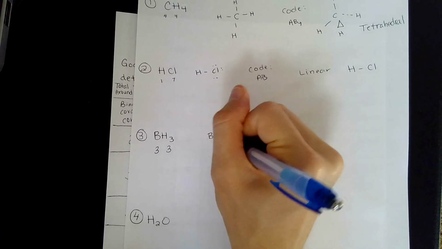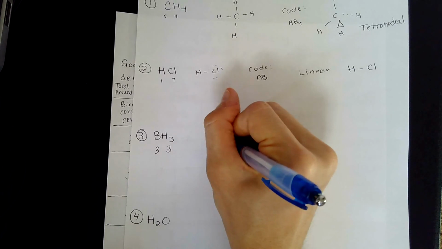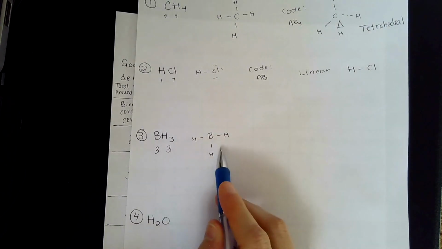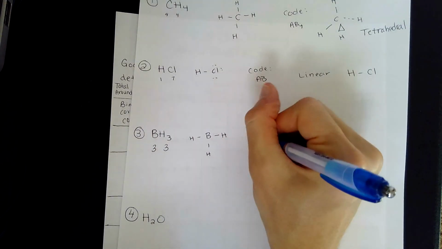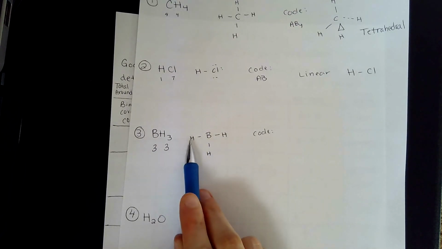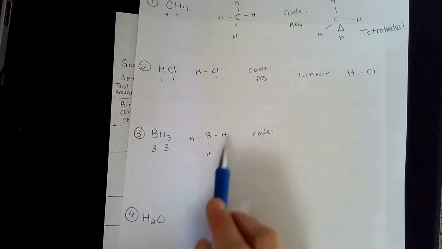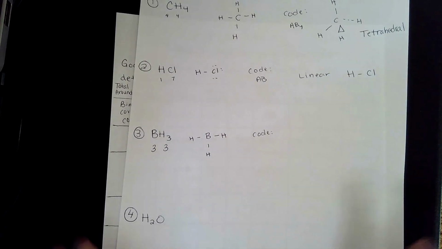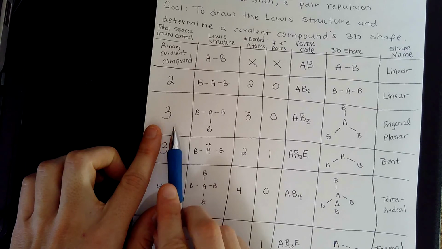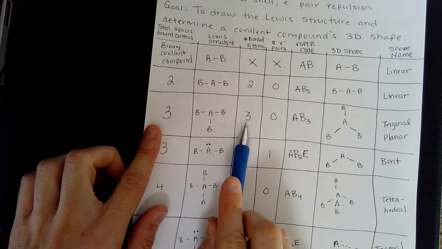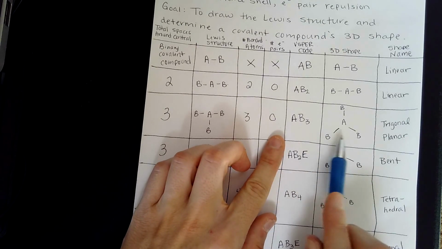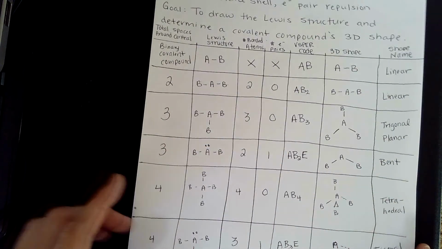Remember, boron is the exception to the octet rule. So we have 2, 4, 6. Everything is good there. Our code, well, we have a center atom with 3 bonded atoms around it, no electron pairs. So if we have 3 things around it, all 3 of them are bonded, 3 bonds, no electron pairs. Our code is AB3, and our shape is trigonal planar.